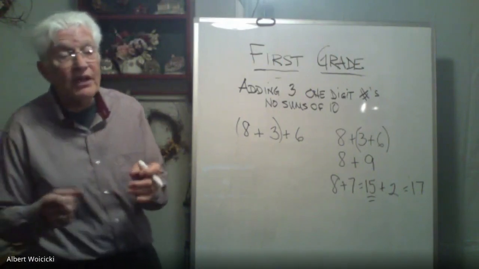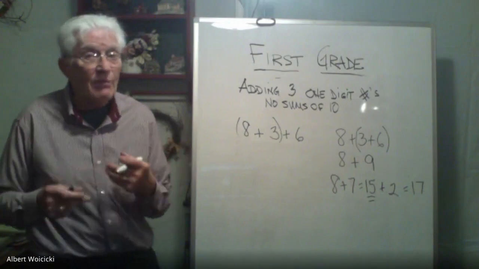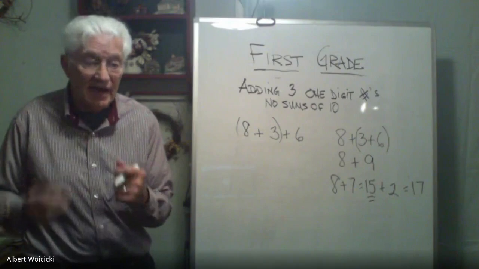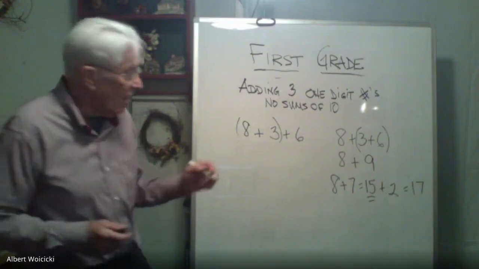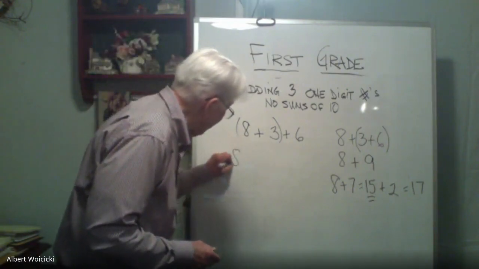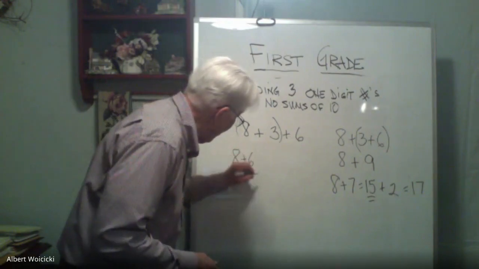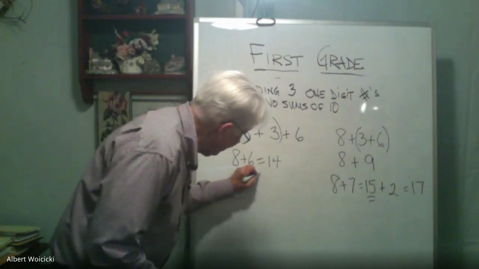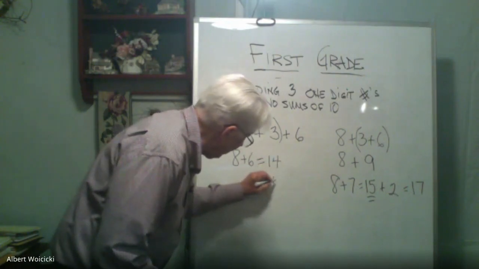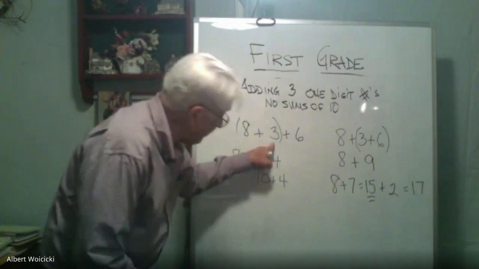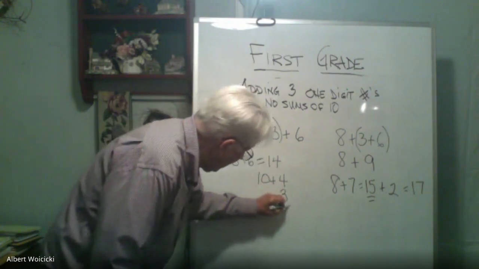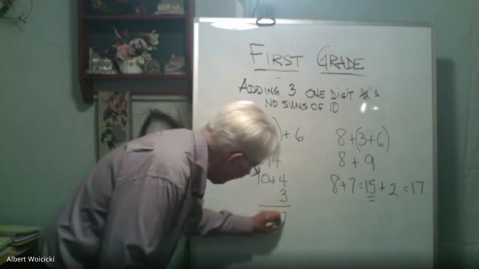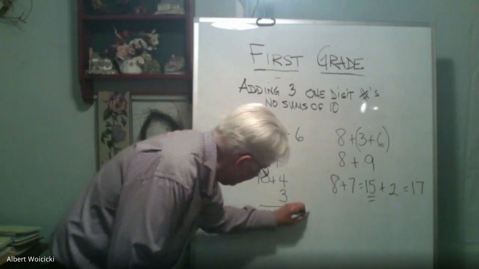It is not something that is not memorized. It is something that's got to be clear in their minds, that 8 plus 6 is 14. All right? They have this 8 plus 6, and they realize immediately that that's 14, which is really 10 plus 4. They need the 3 left over, and that'll give them 10 plus 7, and that gives them the 17.